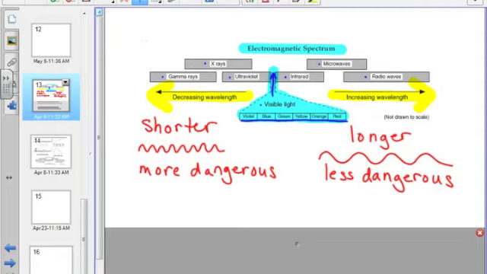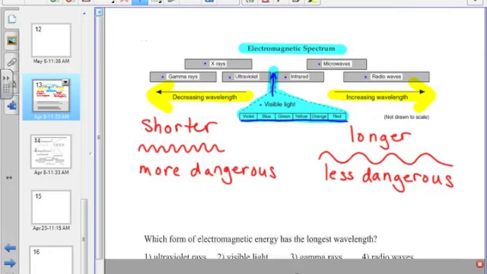Now, if you were to say, all right, now what kind of questions might I be asked about this diagram? Well, let's take a look. For example, which form of electromagnetic energy has the longest wavelength? Well, okay, you look for longer wavelength.